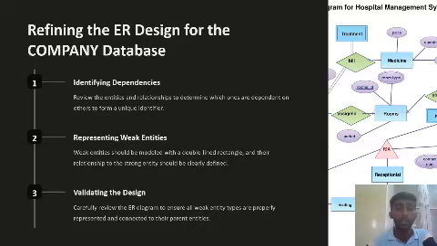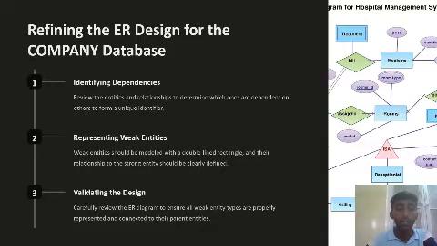First, identifying the dependencies: review the entities and relationships to determine which ones are dependent on the others to form a unique identifier. And the second one is representing weak entities. Weak entities should be modeled with a double-lined rectangle and the relationship to the strong entity should be clearly defined.